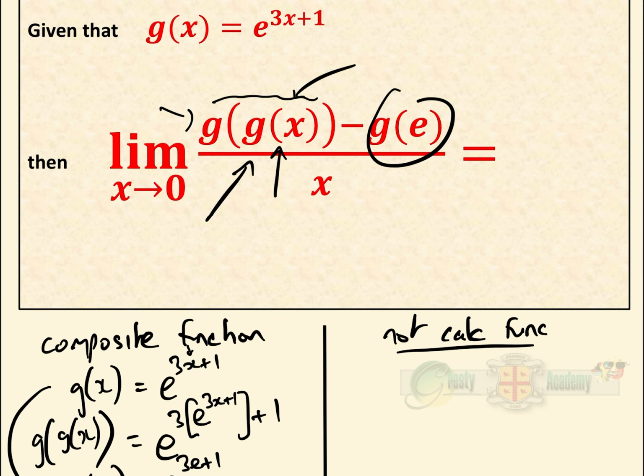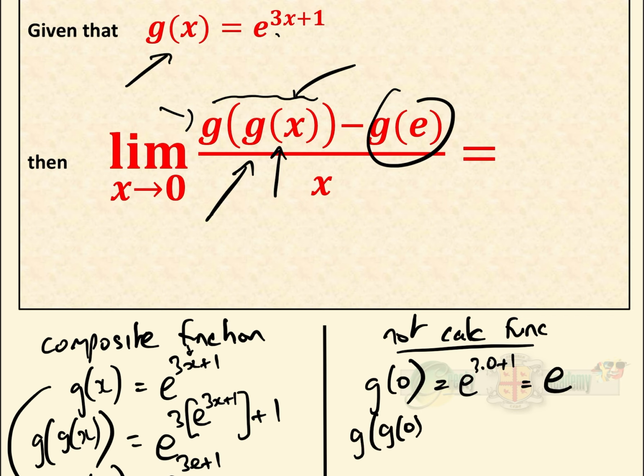Okay, so basically we're not going to actually put the composite function in, but we can see that g of 0, here's g of x, so g of 0 is just putting x equals 0, equals e to the 3 times 0 add 1, which is clearly just e. So therefore g of 0 is equal to e, just putting 0 into our limit.